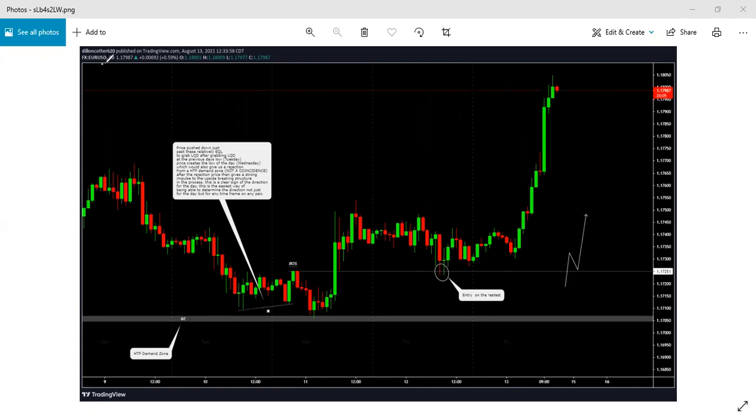So this is on the 60-minute time frame on Euro USD, and when we looked at the 4 hour, price looks like it's bearish.